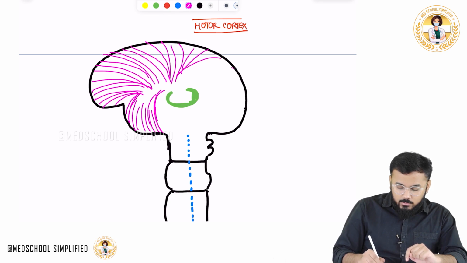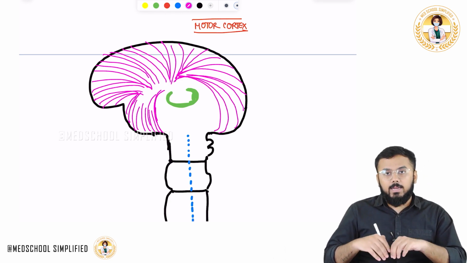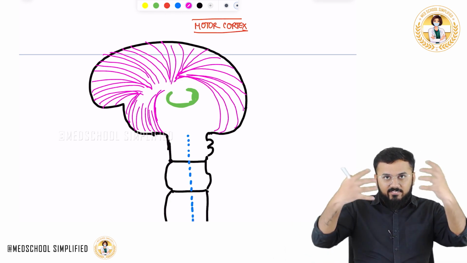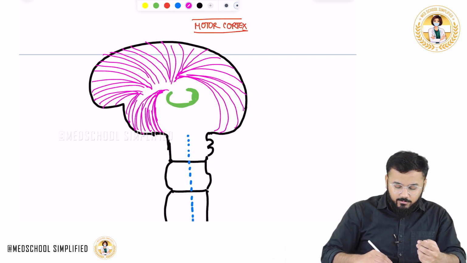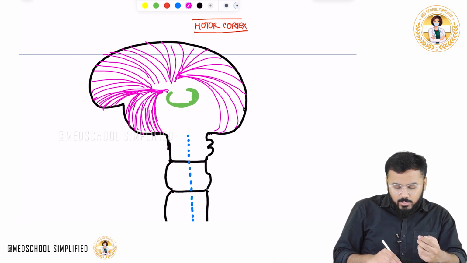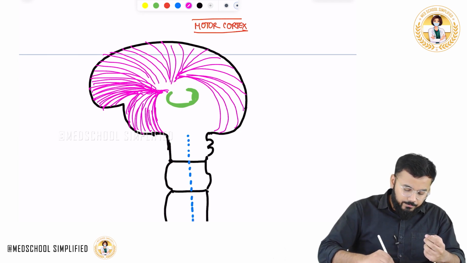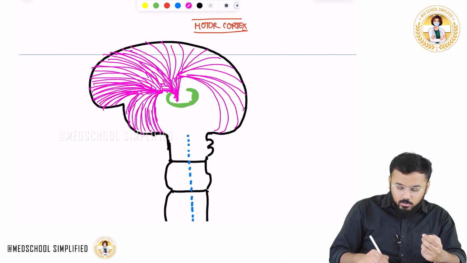All these fibers in the form of radiations are fanning out or fanning in. They are diverging or converging, according to my picture. They are converging inside, meeting at a single point. These fibers are converging into the center.